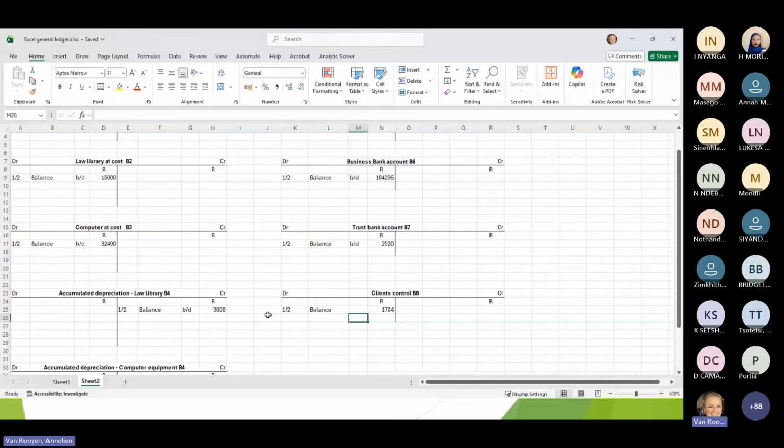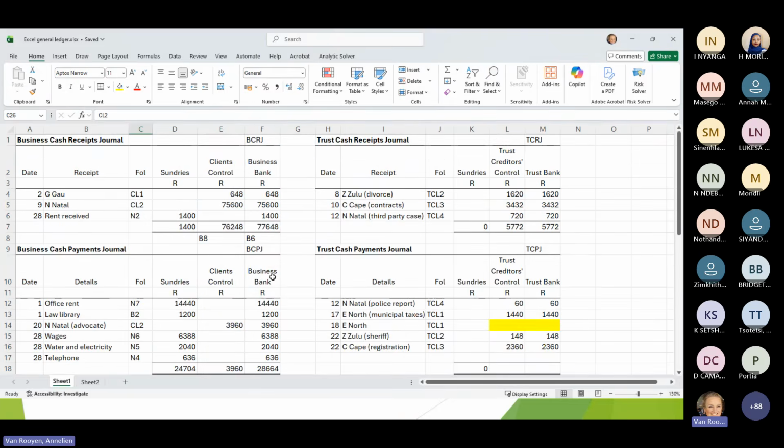Okay. So now if we start doing the posting, we call it posting from the journals to the ledgers. This is how we do it. Business cash receipts journal goes to B6, and that amount must go to B6.